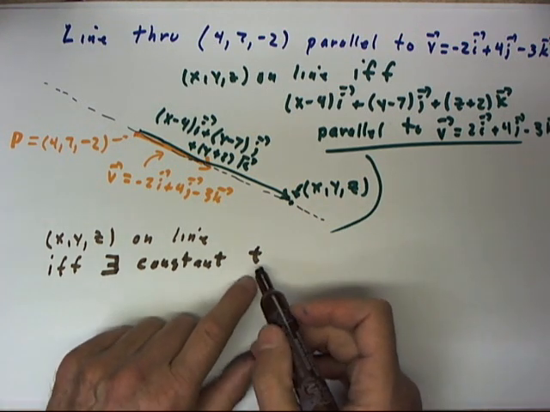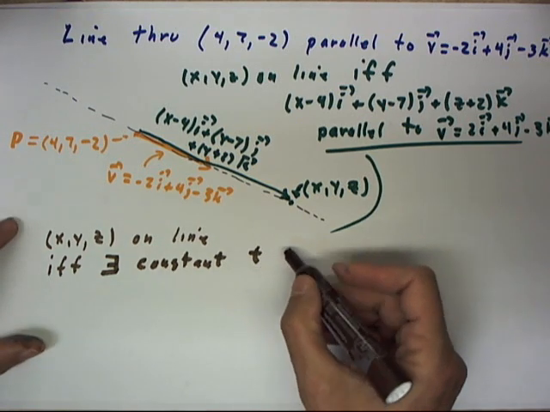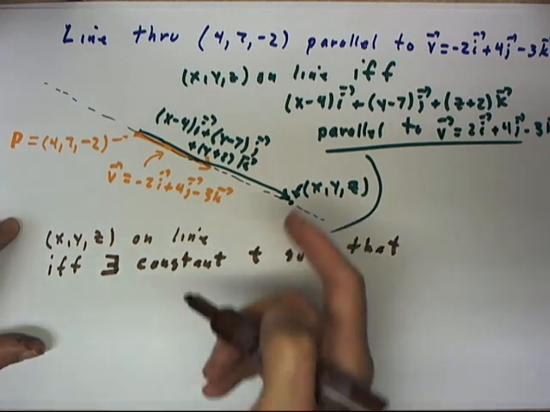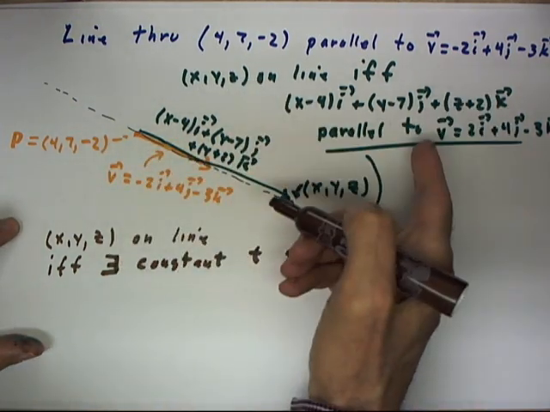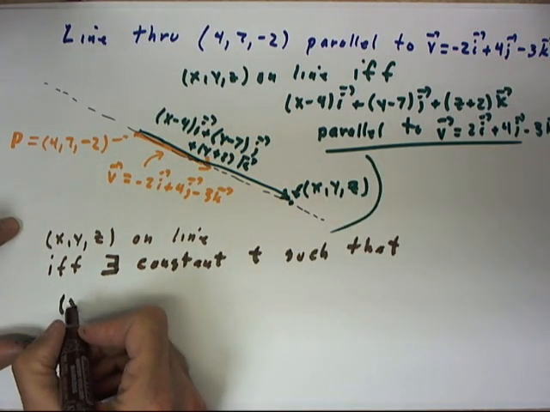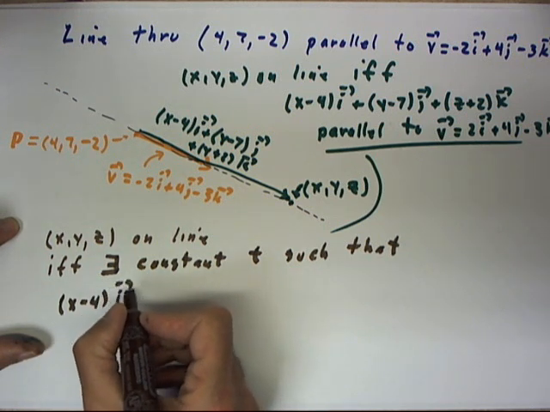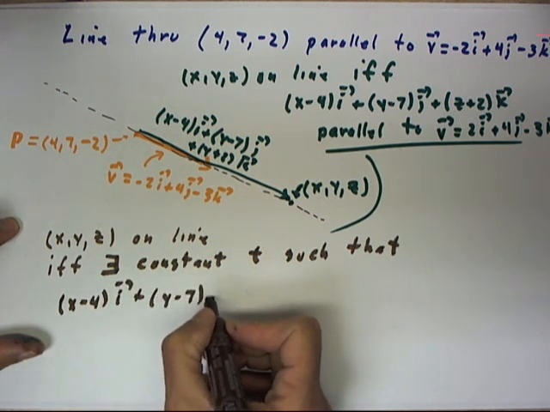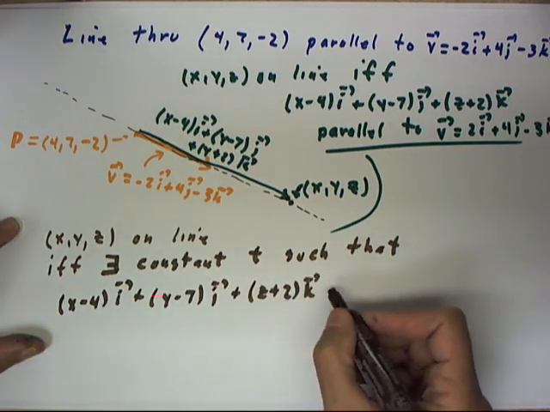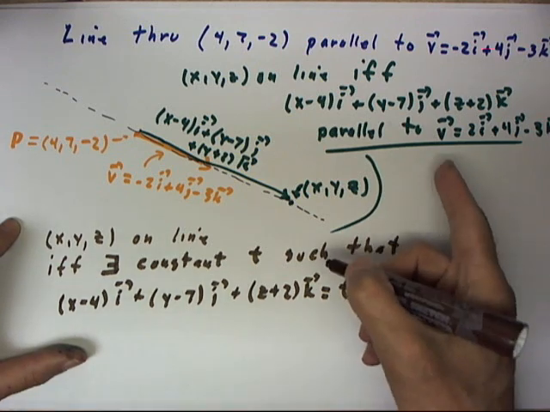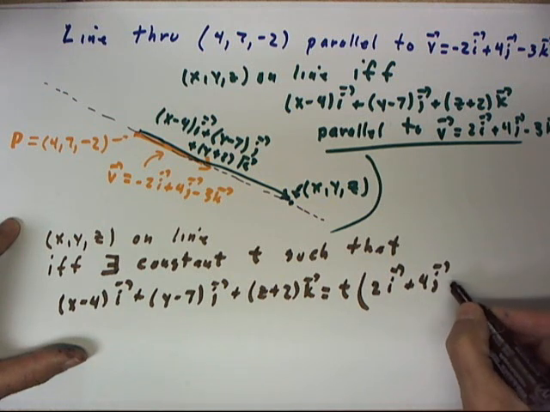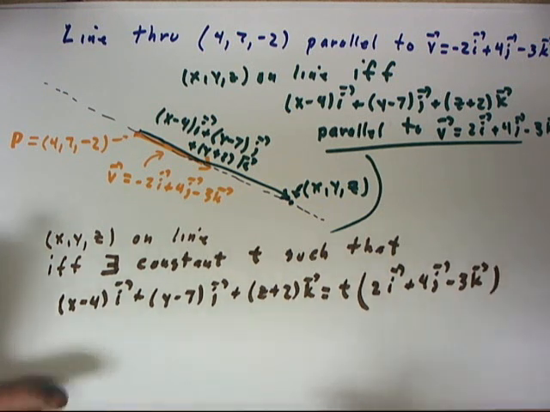But if there exists a constant that we're going to choose to call t, such that this vector is a multiple of this vector and t is the multiplier. So we're going to say x minus 4i plus y minus 7j plus z plus 2k is equal to t multiplied by this vector, 2i plus 4j minus 3k.